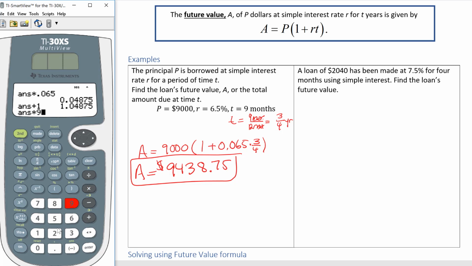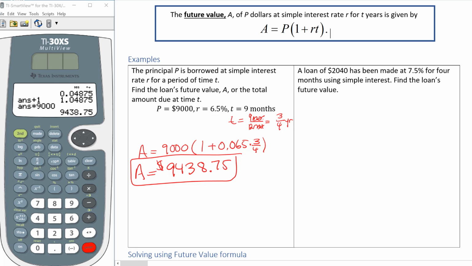Then multiply by 9,000 and hit enter. And notice that it's the exact same answer. So if you don't have a calculator that you can see the screen, you're going to have to type it in that way: do the 3/4, then multiply by the rate, then add the 1, hit enter every single time, and then multiply by the 9,000.